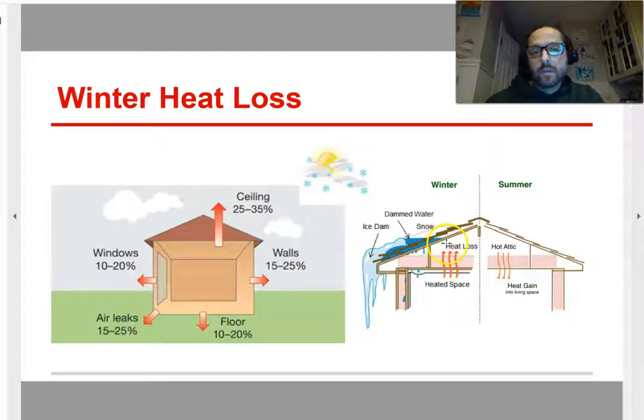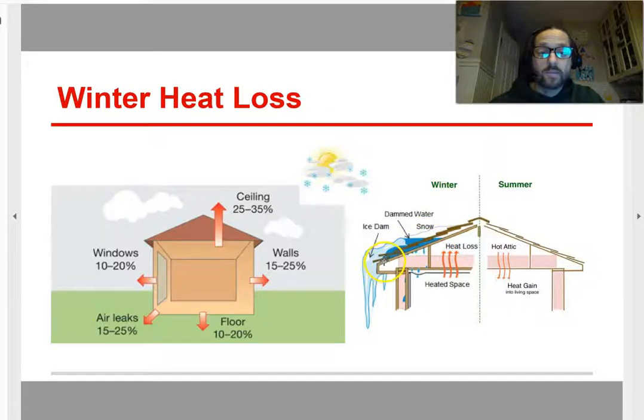So, okay, what's the big deal? Well, the problem is when that snow melts, it turns into liquid water, of course, and it runs down, and if you see icicles like this, they may be nice to look at, very picturesque. Everybody likes to see the icicles on the gutters. That's a sign that your snow is melting, which means you're losing some heat.